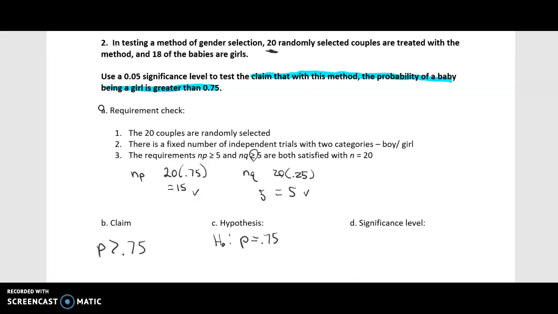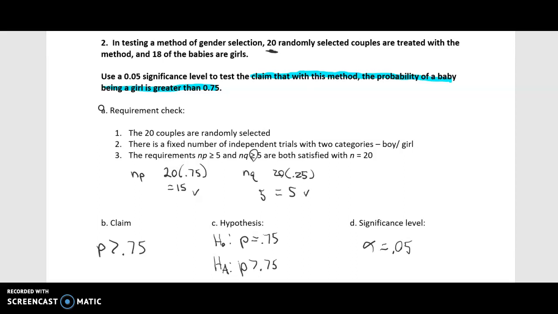Now our claim does not include equality because there's no equal to, greater than or equal to, or less than or equal to sign in our claim. So that means we can just use the same statement, P is greater than 0.75, as our alternative hypothesis. The desired significance level given to us in this problem is 0.05.